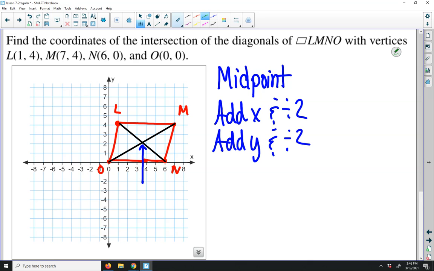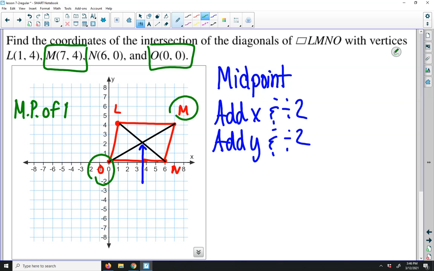In this case, I'm going to pick one diagonal, MO. So I'm using M's coordinates and O's coordinates. If I want the midpoint of MO, I'm going to add my x coordinates together, which are 7 and 0. So 7 plus 0 divided by 2 is 7 divided by 2, which is 3.5, or 3 1/2.